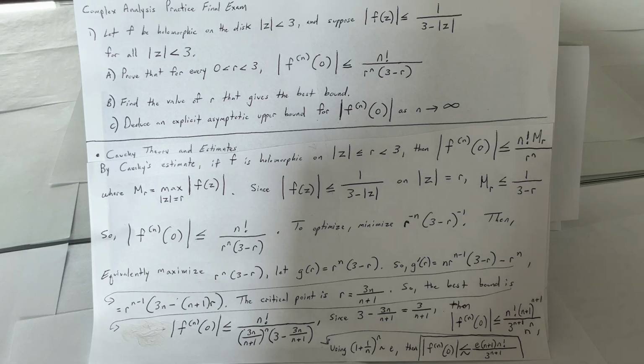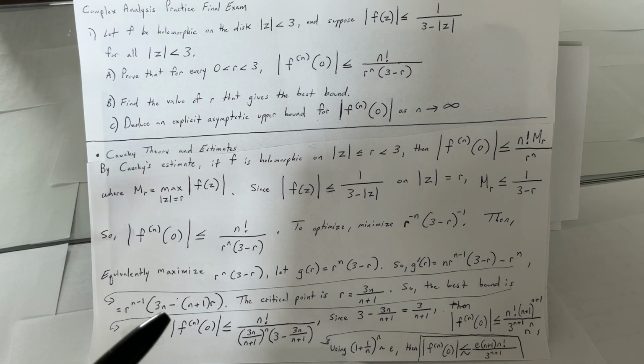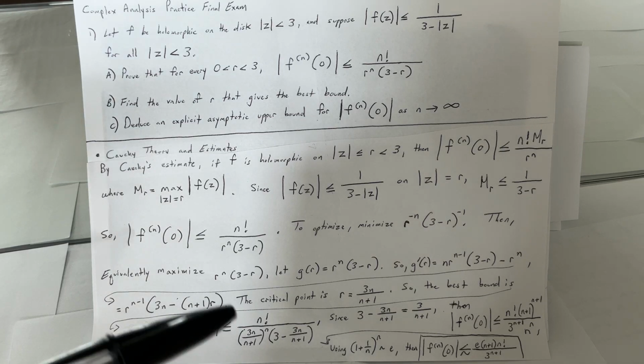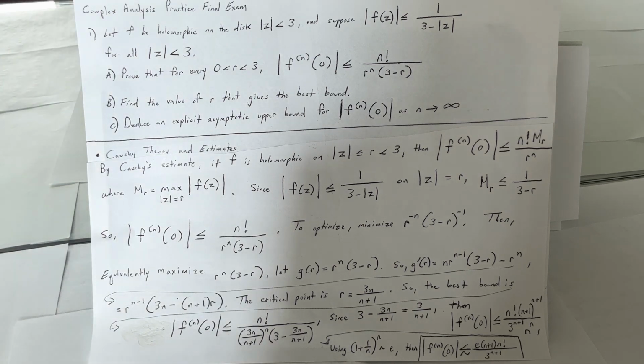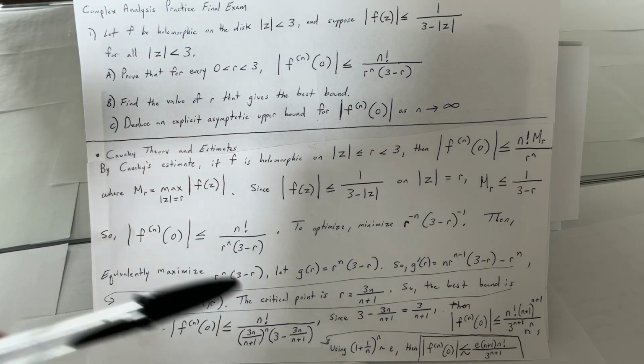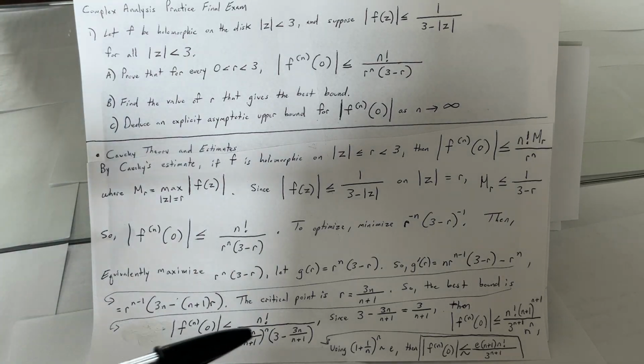So from here, the best bound is going to be modulus f^(n) of 0 less than or equal to n factorial over the denominator 3n over n plus 1 to the n times the quantity 3 minus 3n over n plus 1.